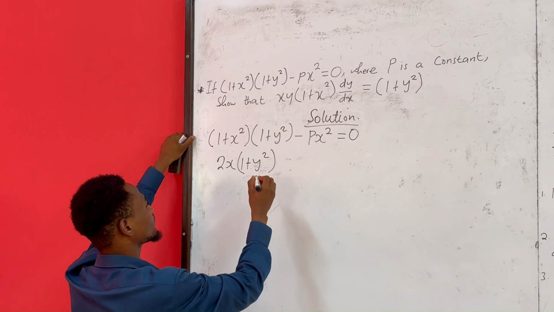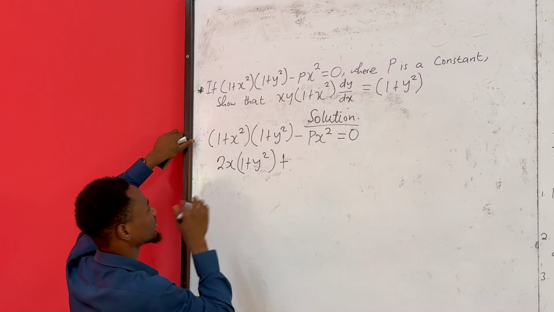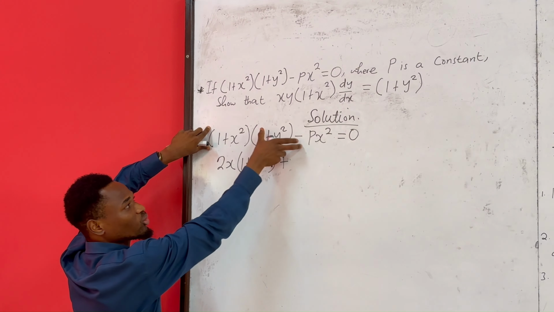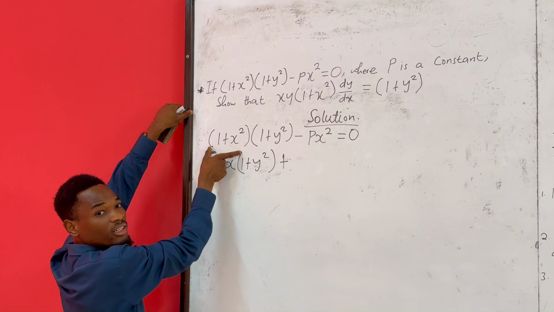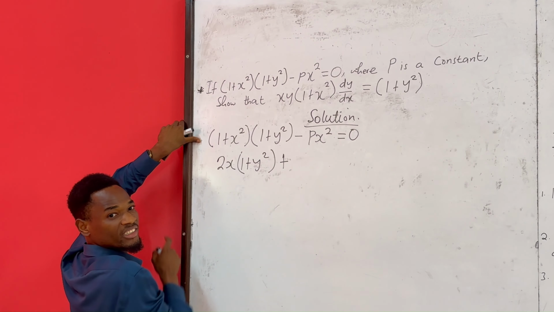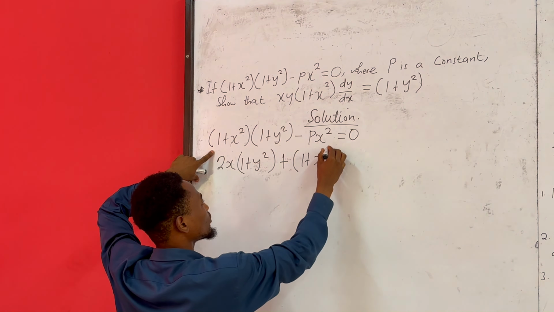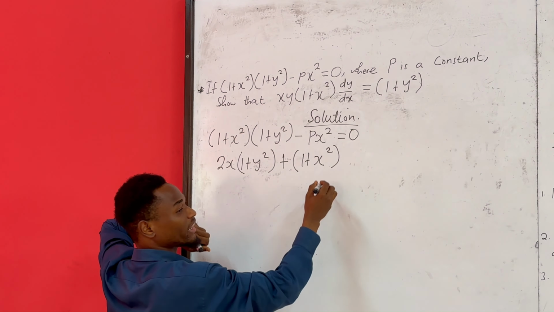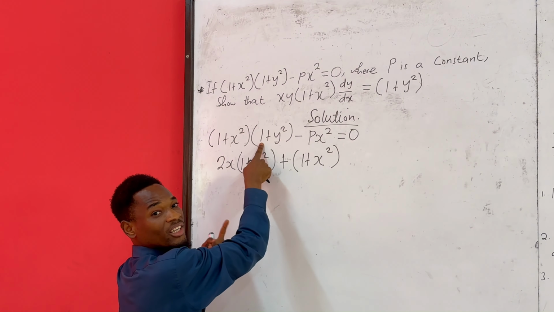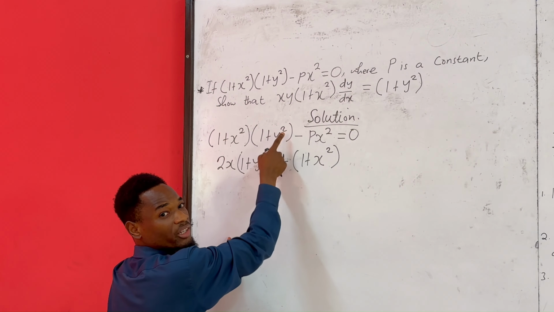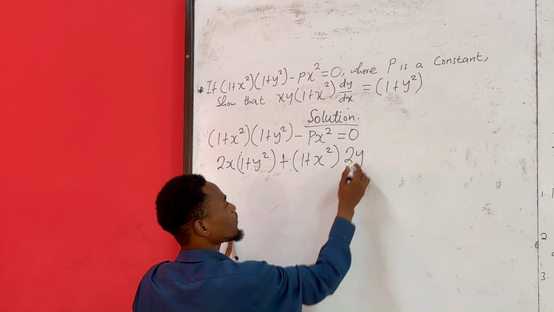Then plus. First I differentiated this and kept this constant. This time around, I'll keep this as my constant and differentiate this. So I'll have 1 plus x², then times this. If I differentiate 1, I'll get 0. If I differentiate y², I'll get 2y.